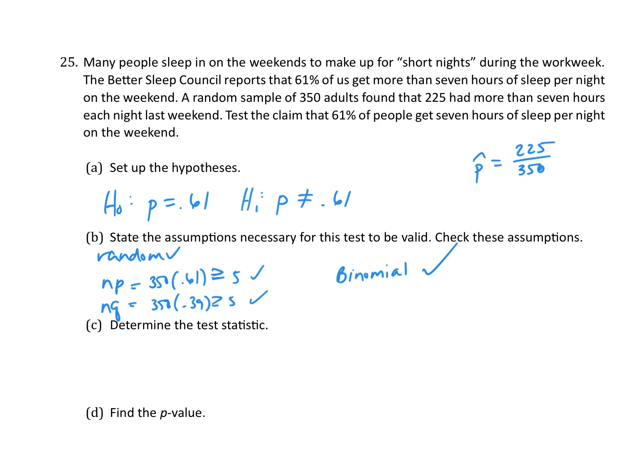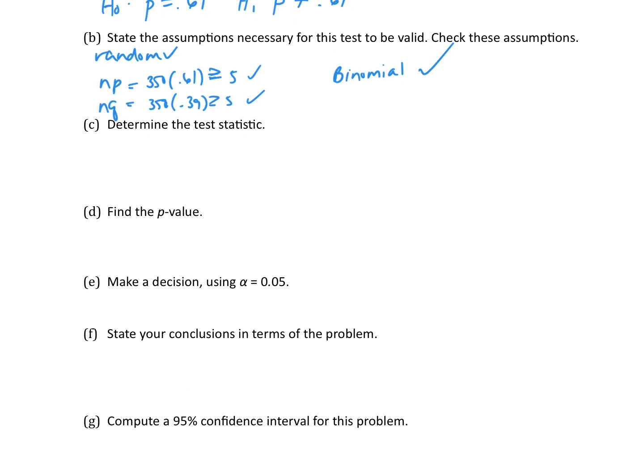All right. Determine the test statistic. So z-score. So 225 over 350 minus 0.61 divided by standard deviation.